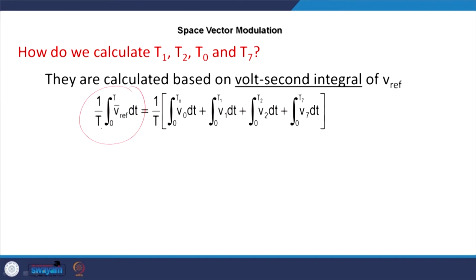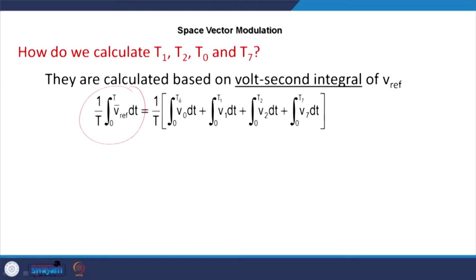So, 1 by T, where T is the reference switching sequence period, that is 0 to T, V ref dt, which you know that you require to inject the voltage at 35 volt at an angle of 45 degree. So, then generally if you have a 45 degree injection, of course T1 will be equal to T2, because V1 and V2 are equal in magnitude.